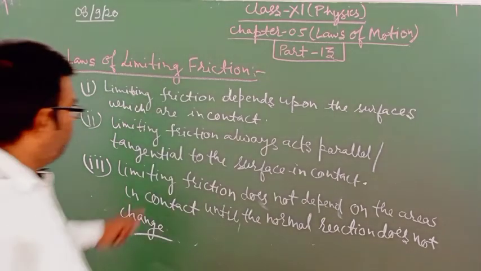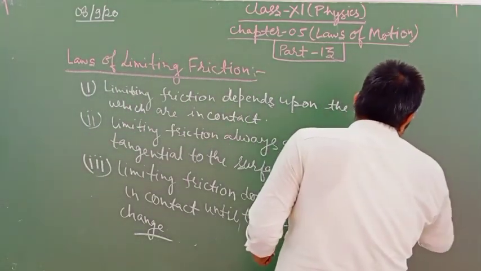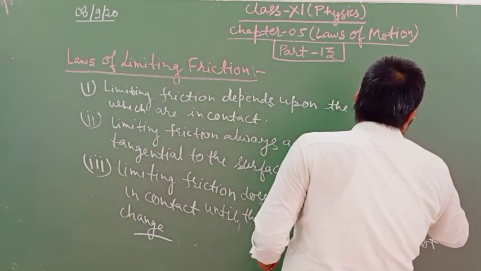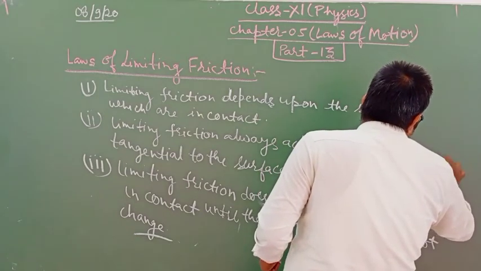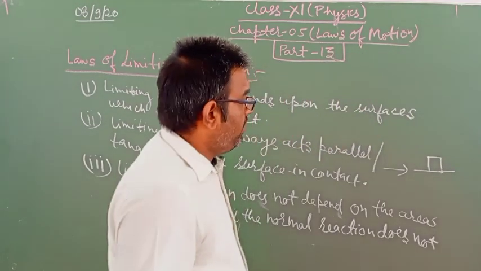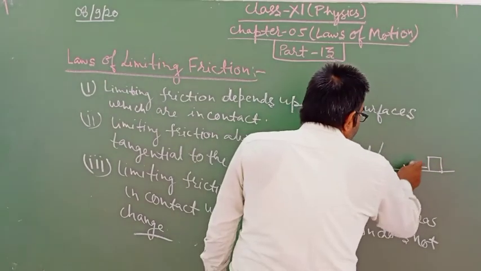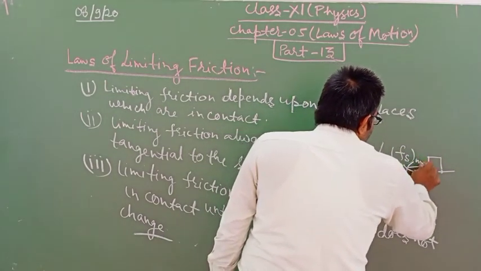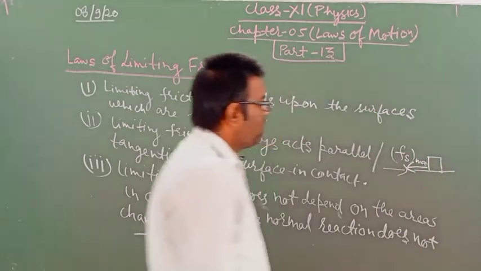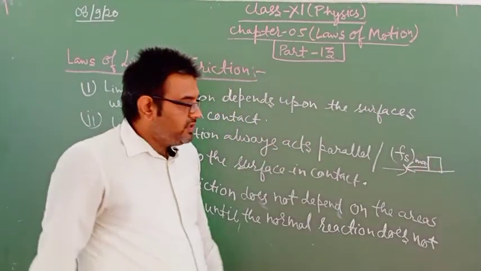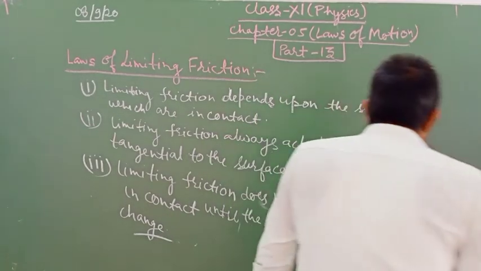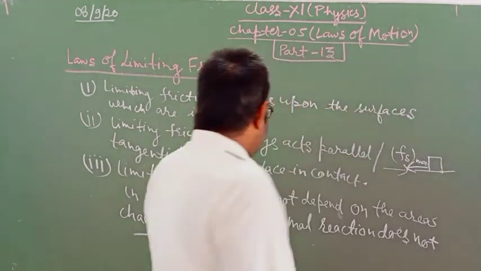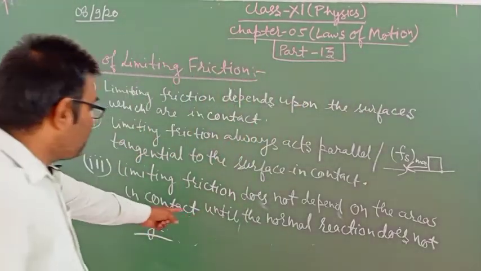It means to say that, suppose we had kept a block over the rough surface, then the value of limiting friction, Fs max, always acts tangential to the surface, or parallel to the surface. And the second thing is that the limiting friction does not depend on the areas in contact.